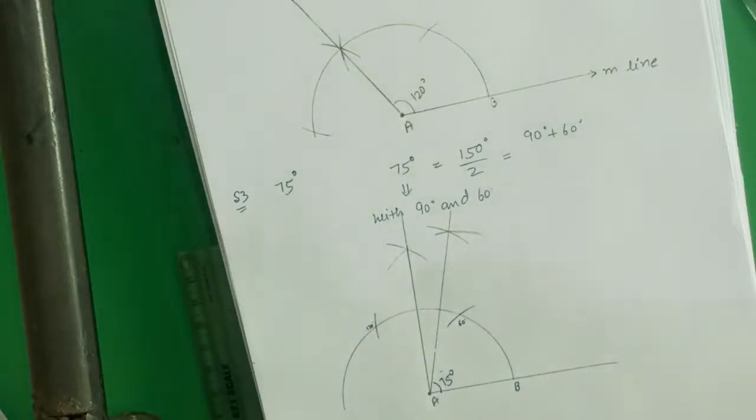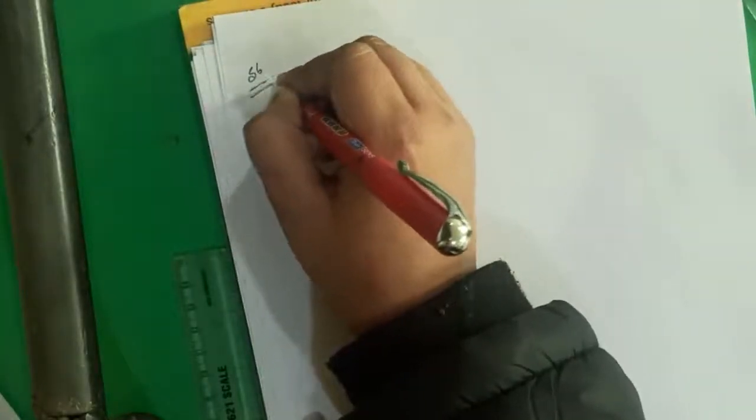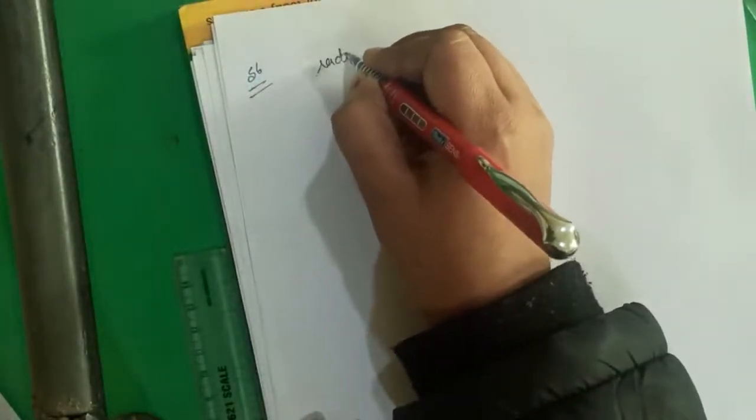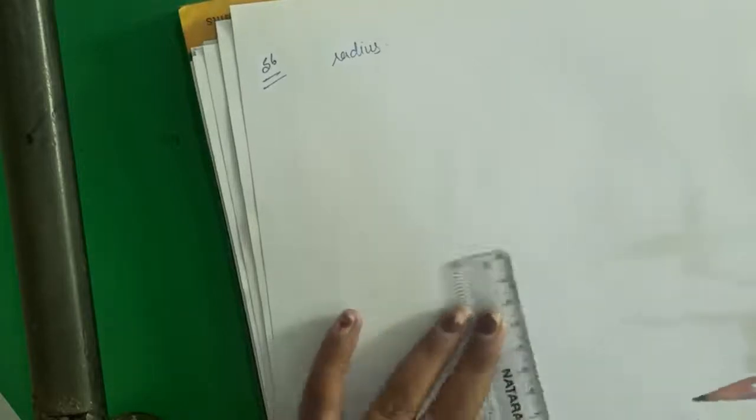After this, S6 question is, draw a semicircle of radius 7 centimeter. So we know what is semicircle, right? So we will draw a semicircle. Radius given here 7 centimeter. So we will open this compass up to 7 centimeter.